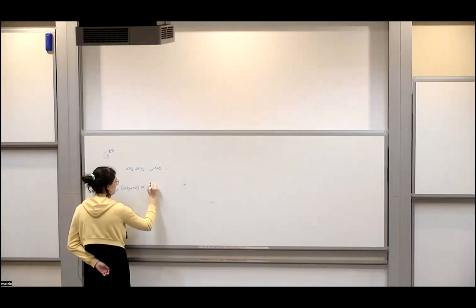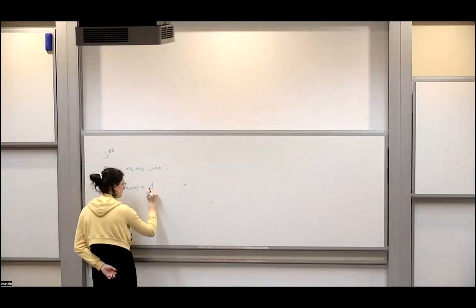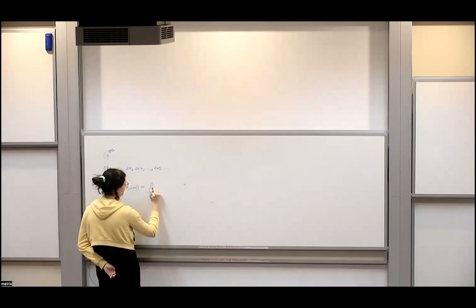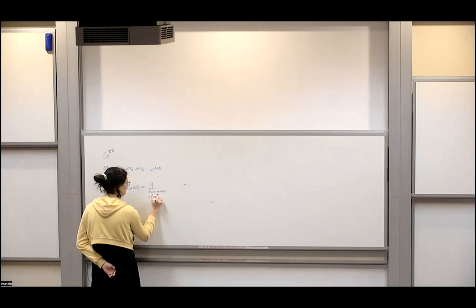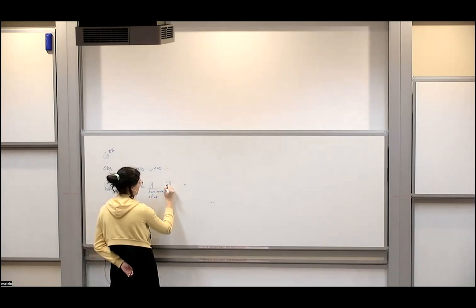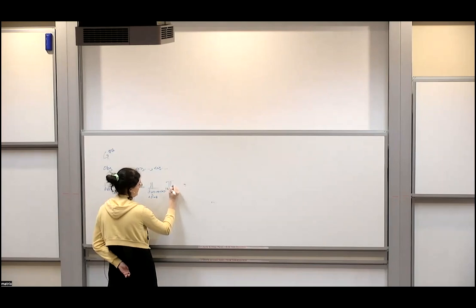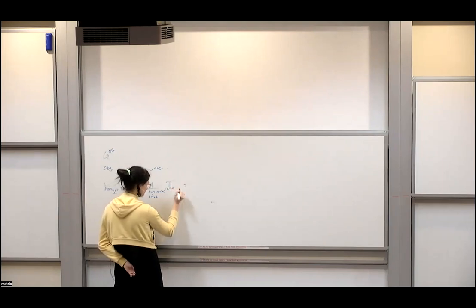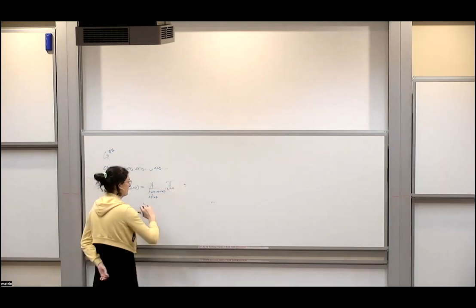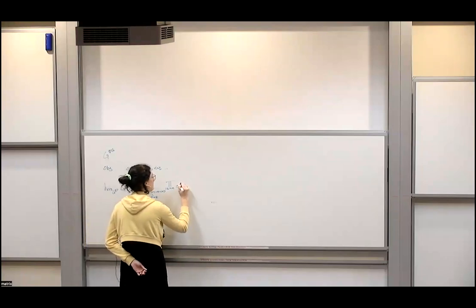I'm going to take a coproduct over maps f from n to m in the category of finite pointed sets over a product indexed 1 less than or equal to i less than or equal to m. And then here I'm going to write some words and then explain them.